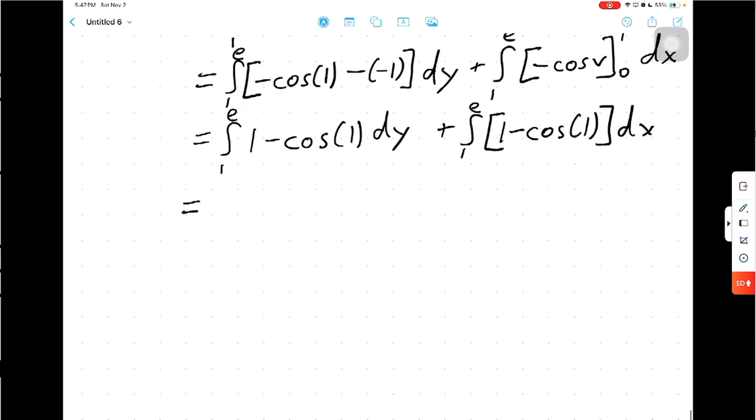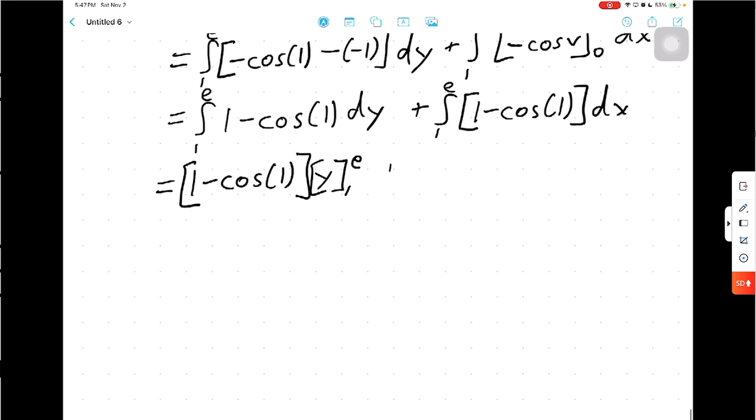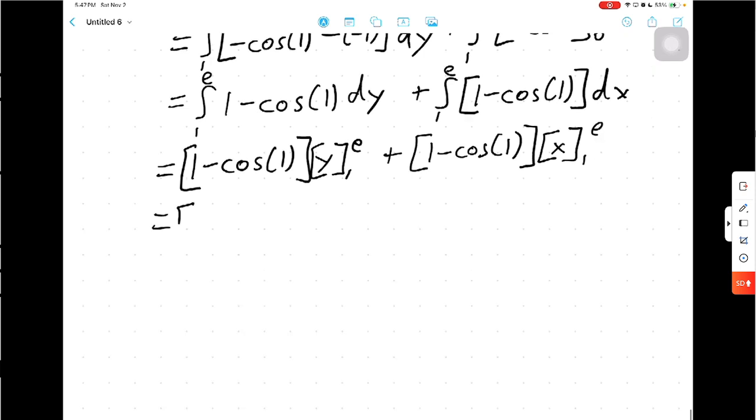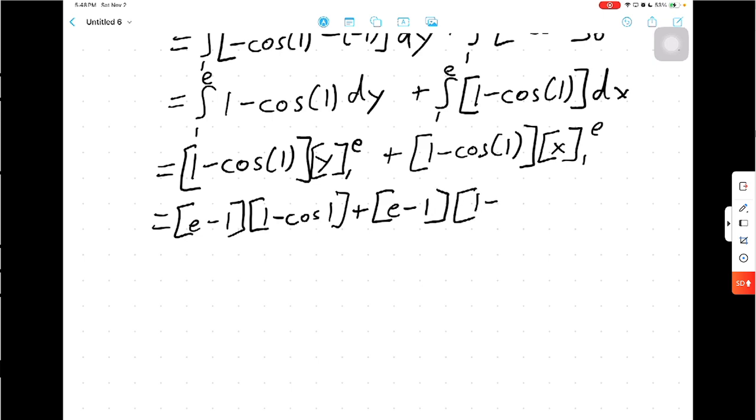These are all constants now with respect to that, so I can just say this is going to be 1 minus cosine of 1 times y from 1 to e plus 1 minus cosine of 1 times x evaluated from 1 to e, which is equal to e minus 1 times 1 minus cosine of 1 plus e minus 1 times 1 minus cosine of 1.